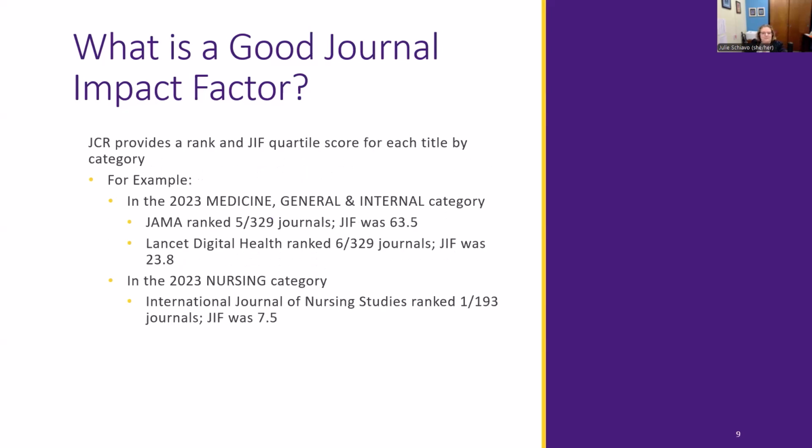For example, the 2023 journal impact factors are the most recent, and JAMA ranked 5th out of the 329 journals in the category. Its impact factor was 63.5. Whereas Lancet was 6th and its impact factor was 23.8. So there's a big jump between 5th and 6th.